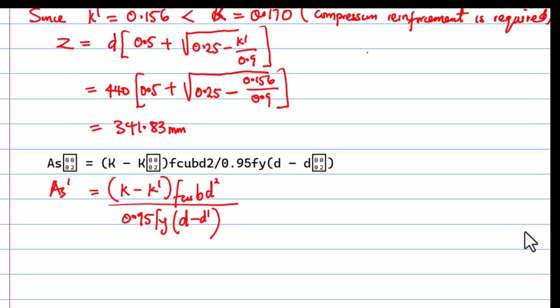But in this question, D prime is not given, so it's good to save on assumption. We're going to assume that our D prime is equal to 50 mm.